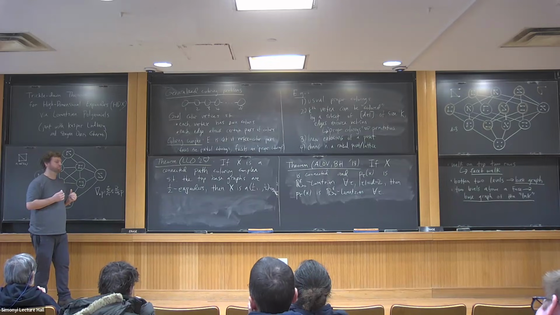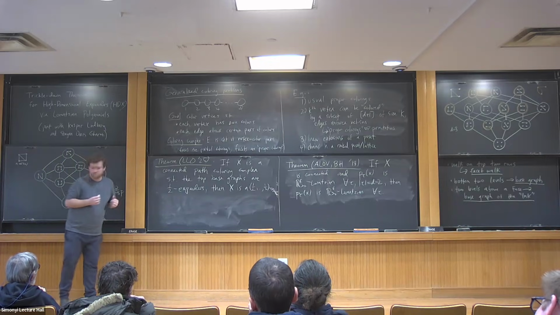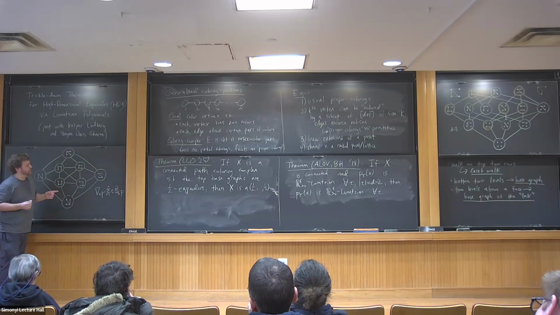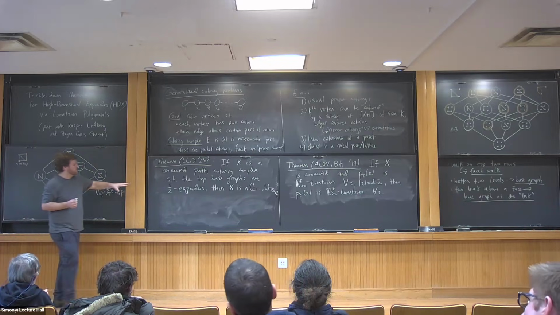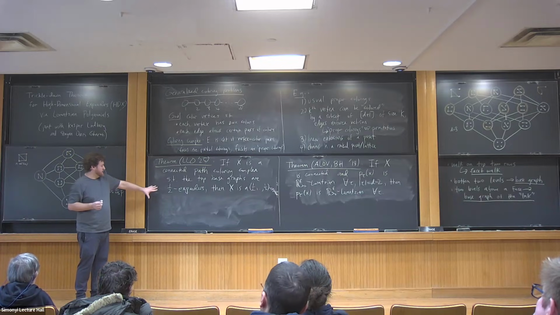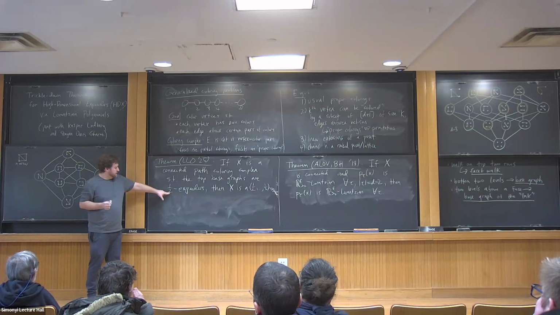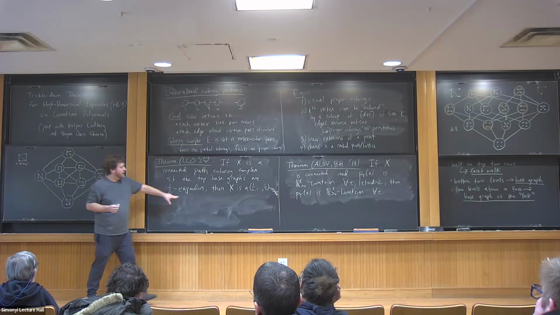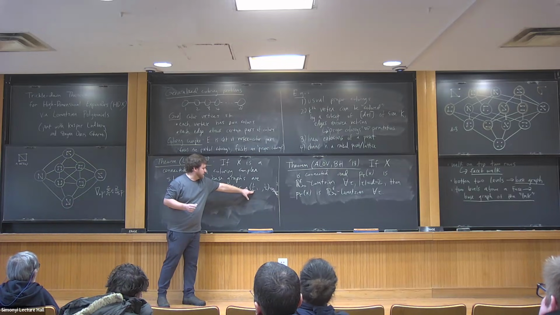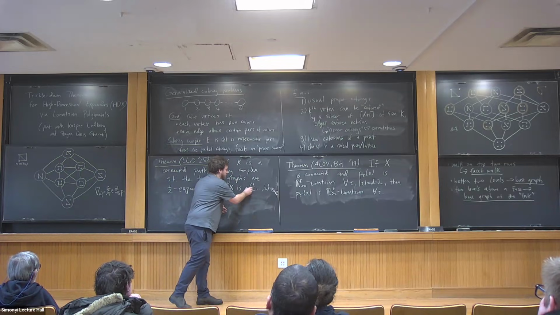Okay. So I'm going to make a couple comments about this. First of all, this is tight in the following sense. If I make these numbers a little bit bigger, there are examples where these numbers get very close to 1, so you don't get any good bound that you would want.